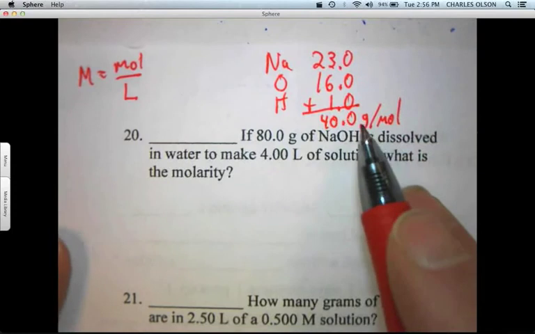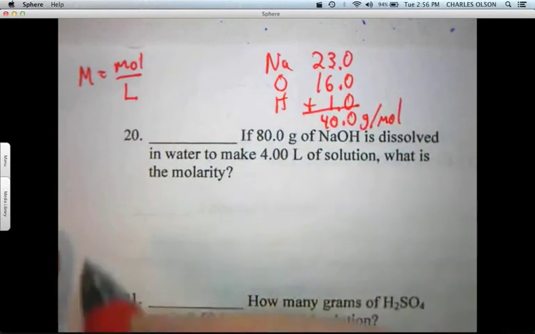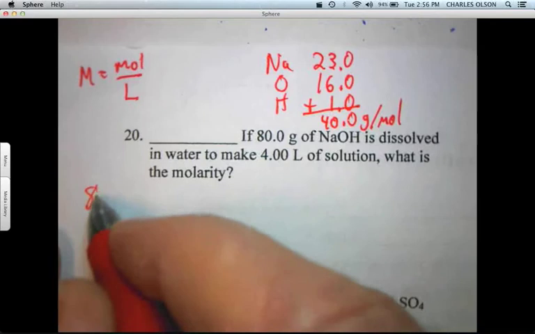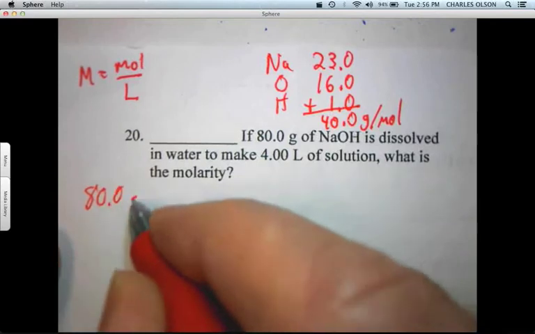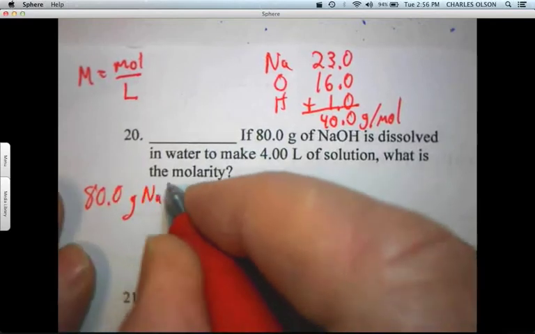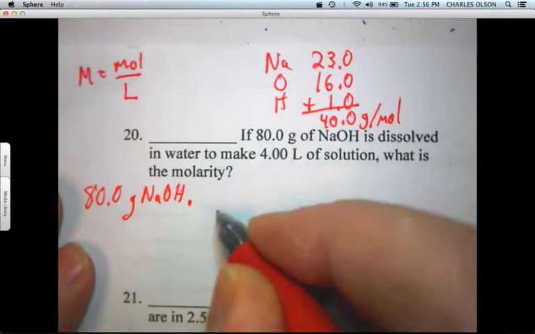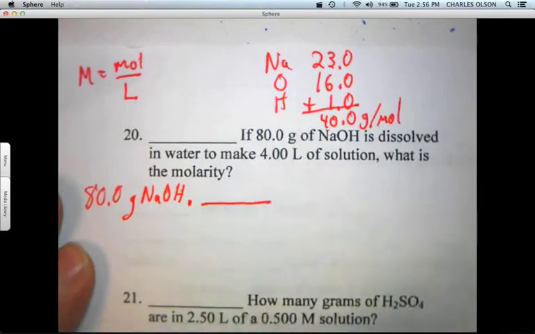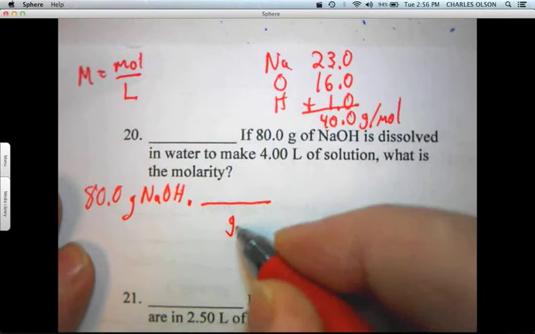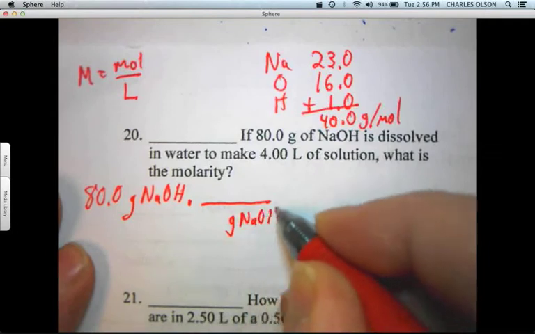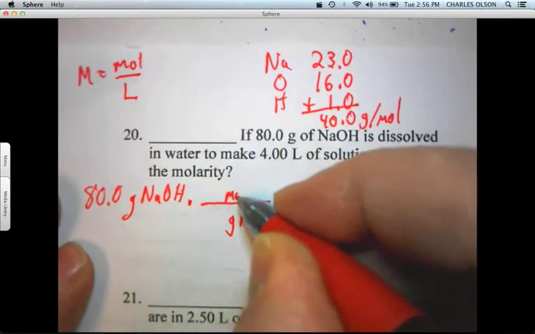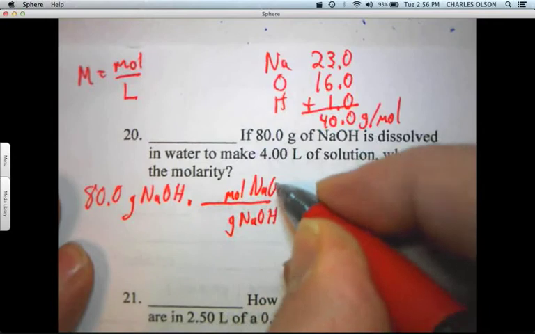So we can take our 80 grams NaOH, and we will do a conversion. We'll go out of grams NaOH, and we'll get into moles NaOH.